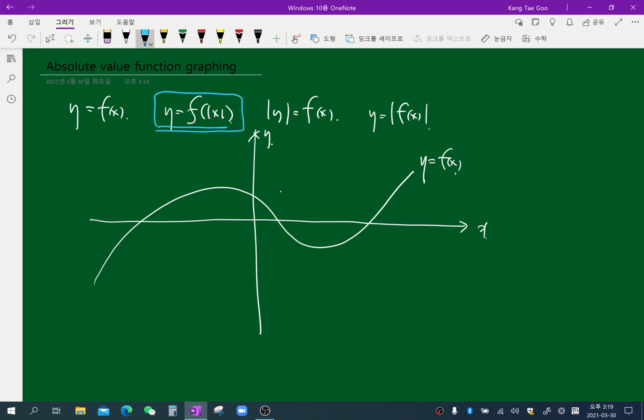If x is positive, then the function inside the blue box and the original function must always be the same, right? So whatever graph belongs to the positive x-axis is exactly the same as the original graph, which means the graph is here.